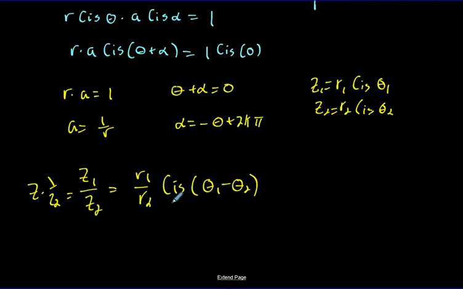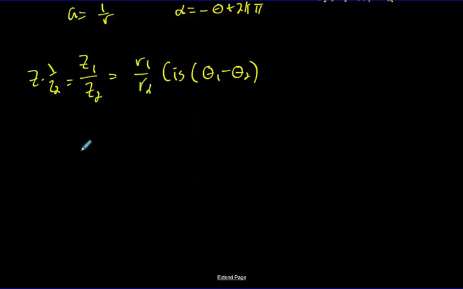And the same applies for Euler's formula. When I divide them, I can apply this property, but I can also use the same thing if I have a complex number in Euler form: e to the theta i is the same as 1 over r e to the negative theta i.